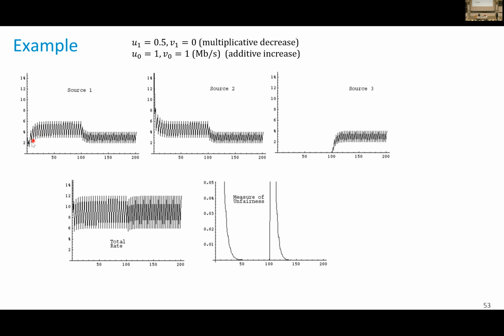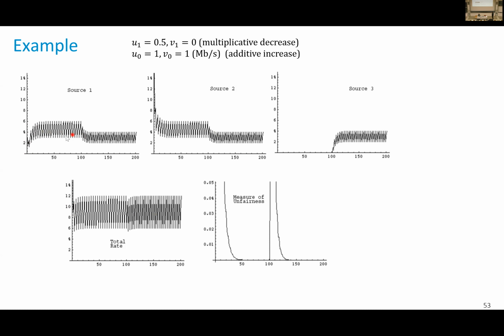And we see that source 1 starts from this initial value, which is a small value, and the link capacity is 10 here. And source 2 starts from a high value, so we have initial conditions that are very different here. And we see that source 1 increases. Now, the sum of the rates of source 1 and source 2 goes above capacity, so they receive negative feedback, which gives these oscillations.